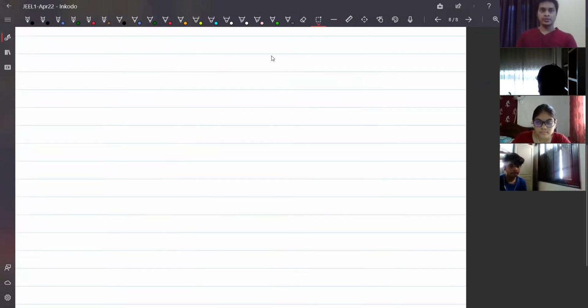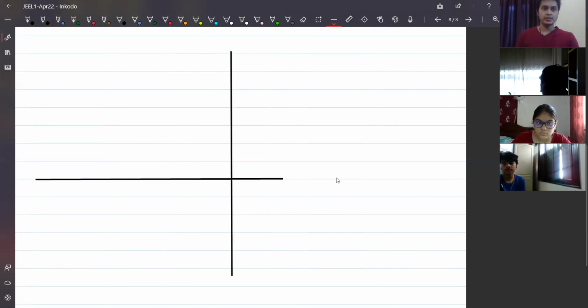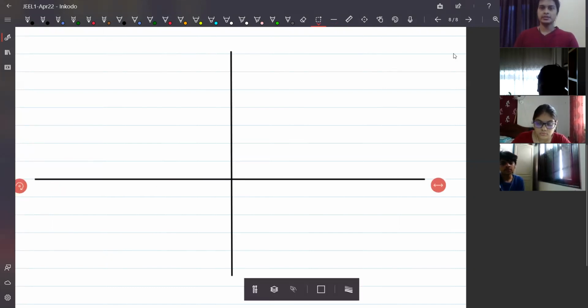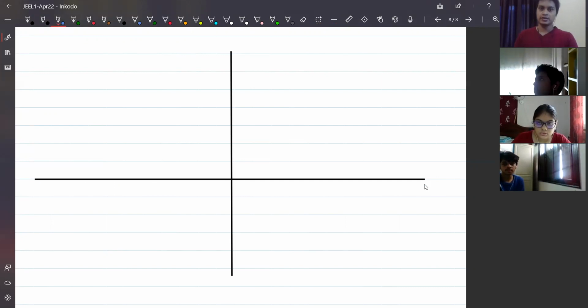For that, I'm just going to tell you a trick first. All the triangles that we have can be represented on these coordinate axes. This is my positive x-axis. This is my negative x-axis. This is positive y-axis. This is negative y-axis.